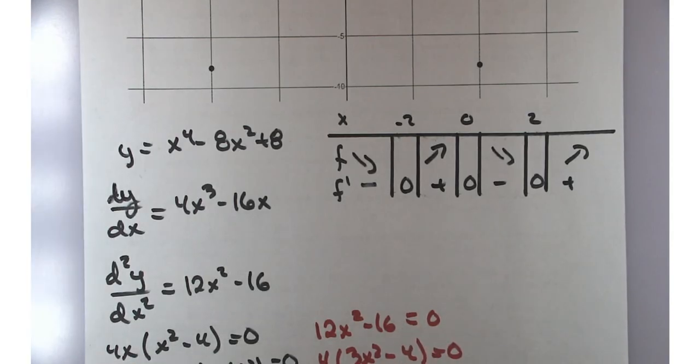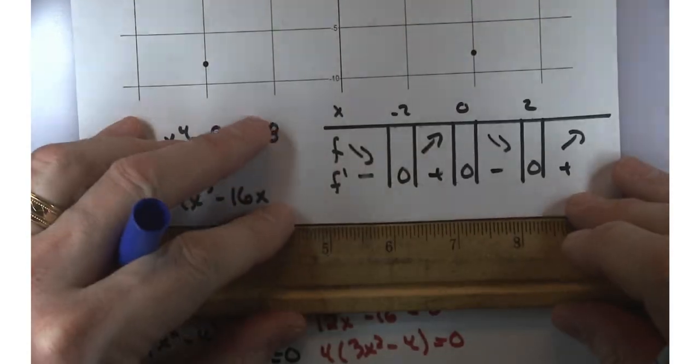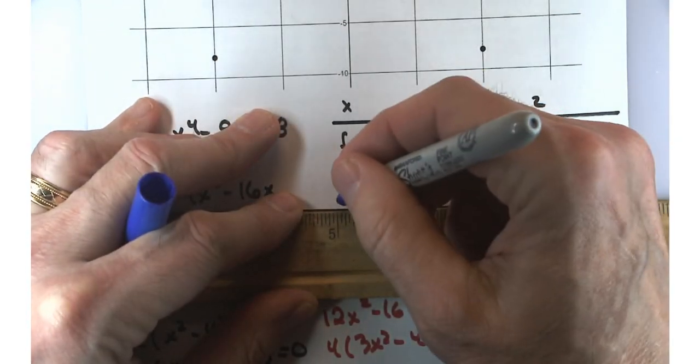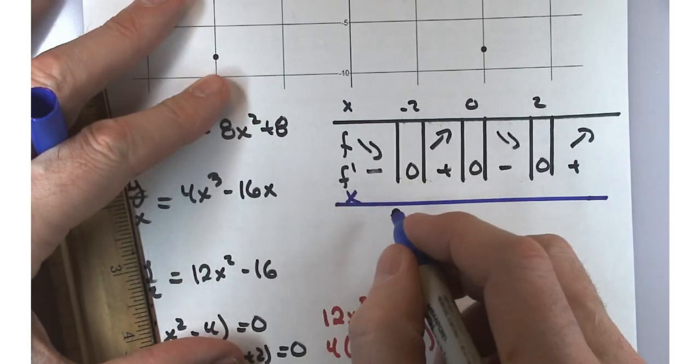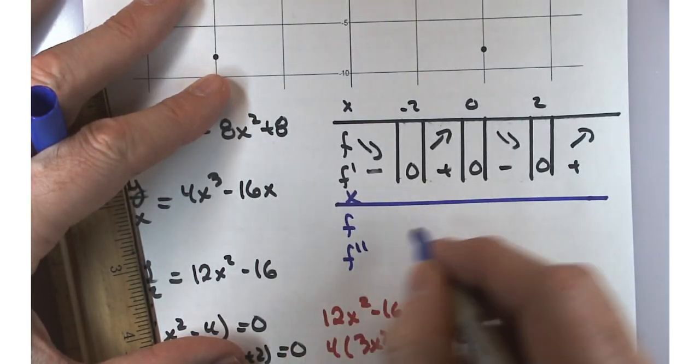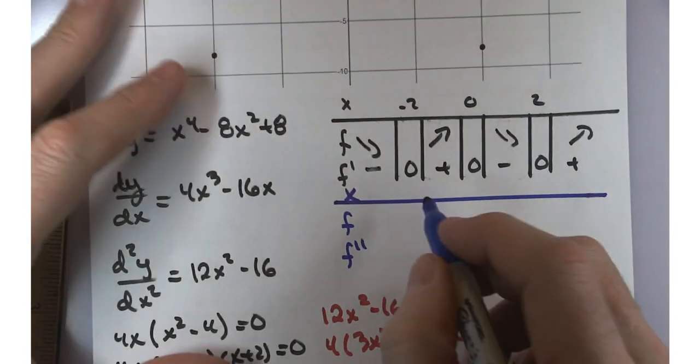Let's work with the second derivative. Plug in some points there. So make ourselves another little table here. So x, f double prime. This time we've only got 2 points to deal with.